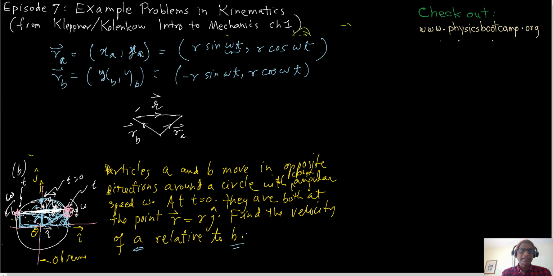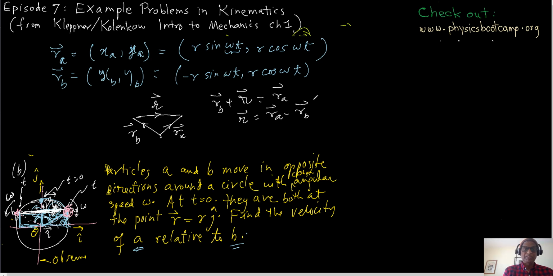So look at the triangle relationship. This plus this is equal to that. So RB plus script R equals RA, so script R is RA minus RB.